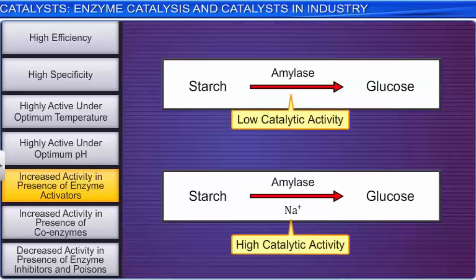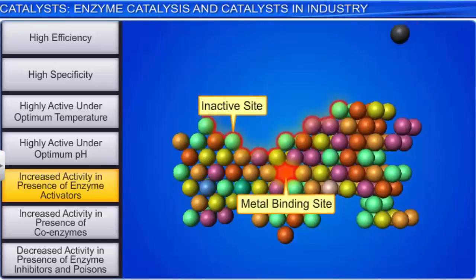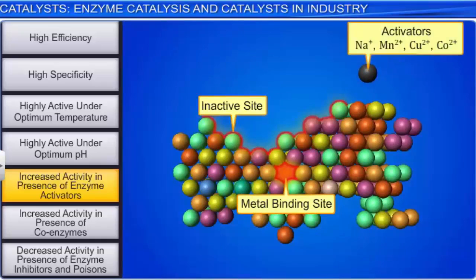Activators are generally metal ions, such as sodium ion, manganese ion, copper ion, and cobalt ion. These metal ions form weak bonds with enzymes and increase their catalytic activity.